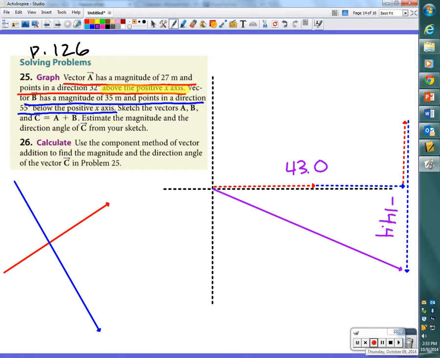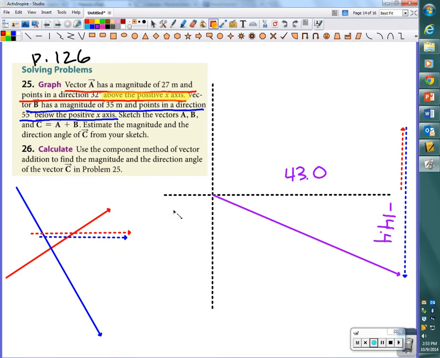Did you get my foreshadowing? Yeah. So, we added these two x components together, meaning we basically removed this one and removed this one and replaced them with this one.